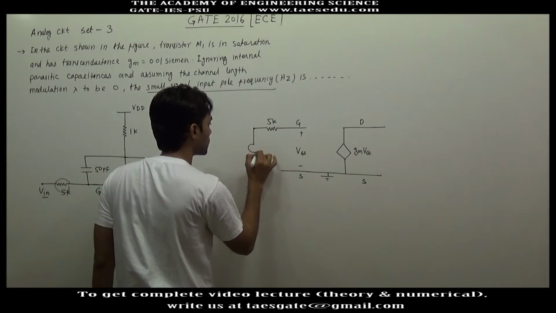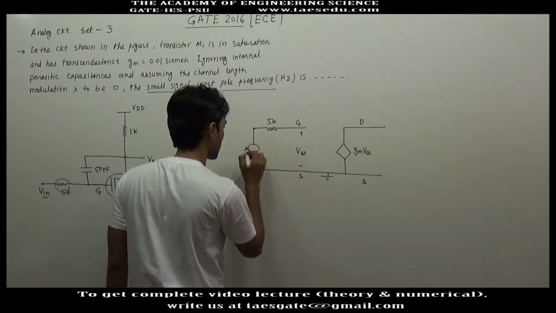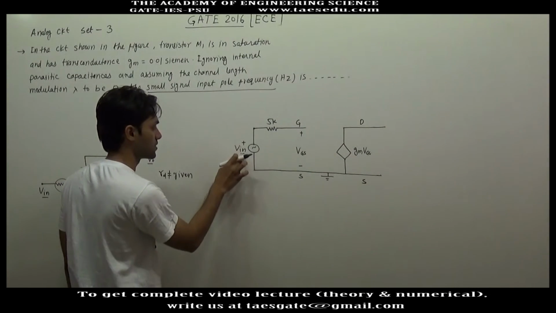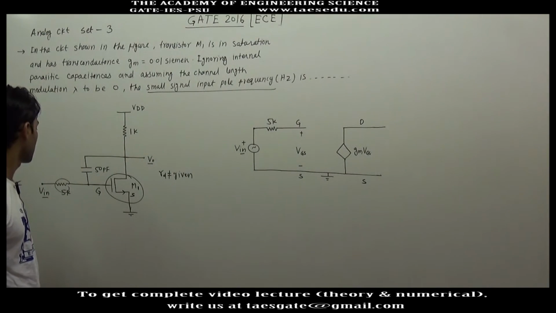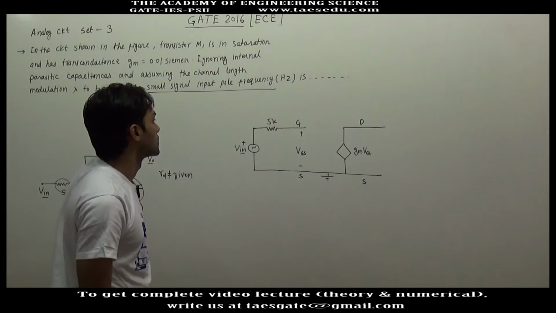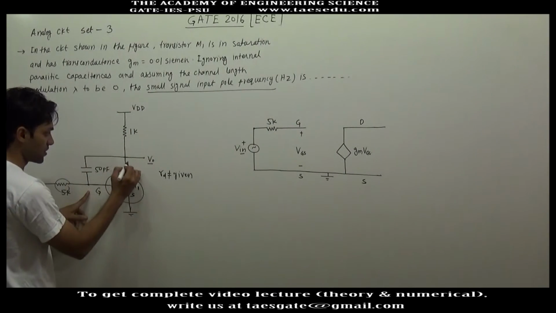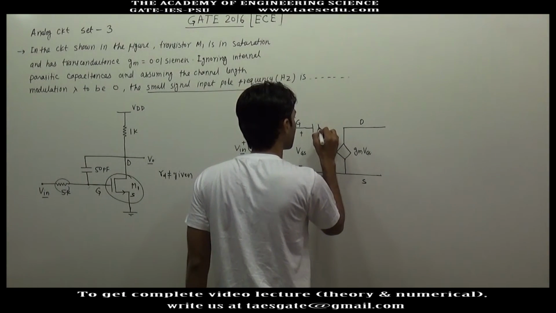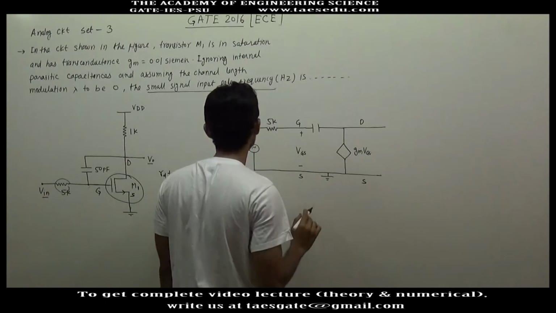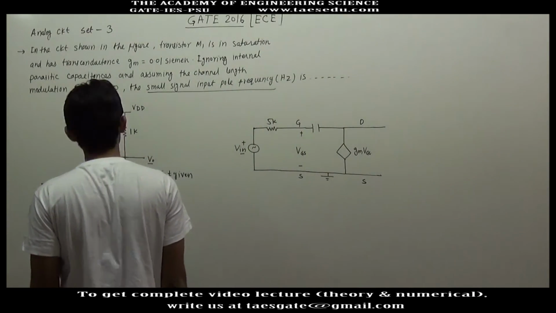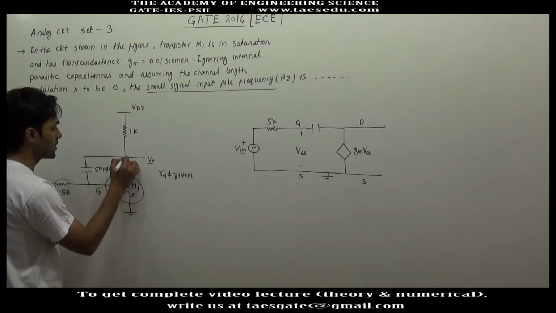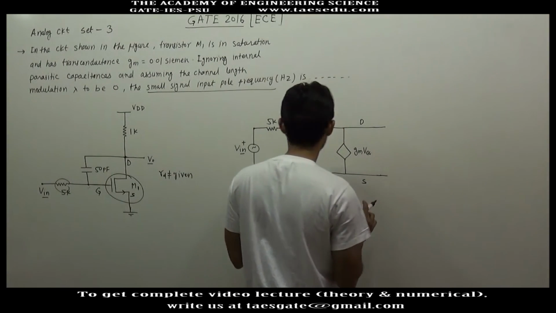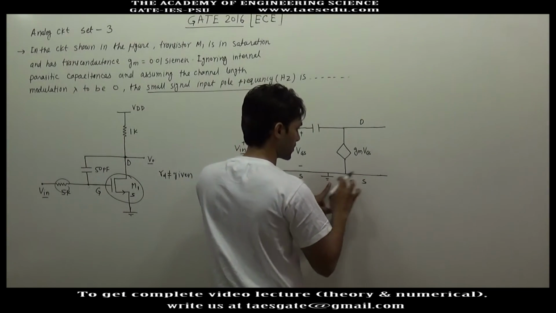Between this terminal and ground, we can connect the AC input voltage. Although I have shown the reference, this does not represent a DC voltage source. This is a small signal AC voltage source, and the capacitor is connected between drain and gate. And this 1 kilo ohm resistance is connected between drain and VDD, which is grounded, so here we have ground.